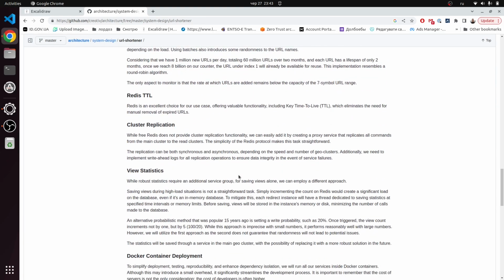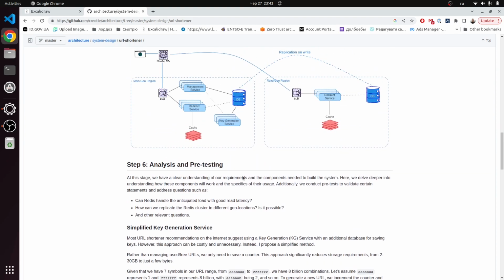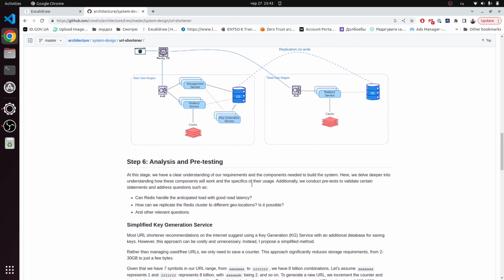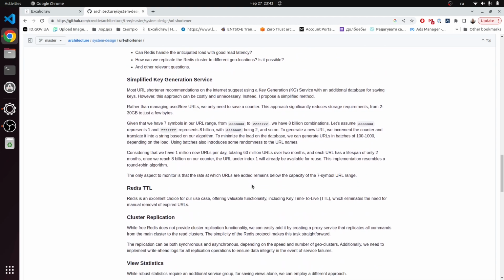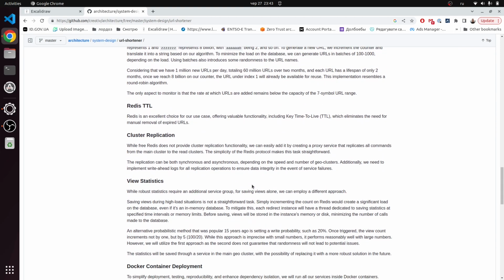About view statistics, we add an additional view service here to mitigate the problem of a more robust solution in the future. Also, this will limit resources for writing to the database. Here we have 2 solutions that came to my mind.